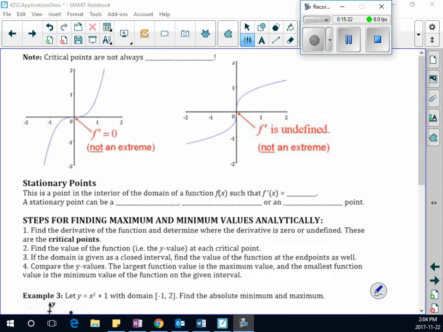Okay, critical points are not always extreme values. So do you see, this is not an extreme value, but the slope is 0. This is not an extreme value, but the slope is undefined.